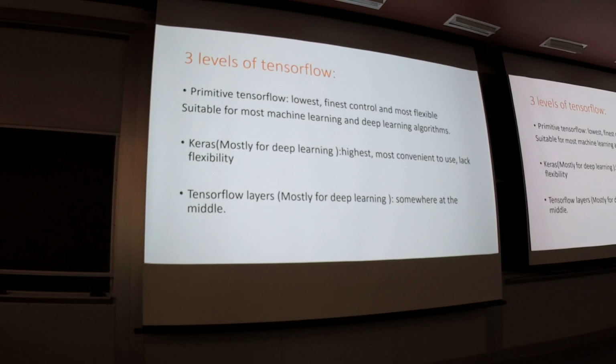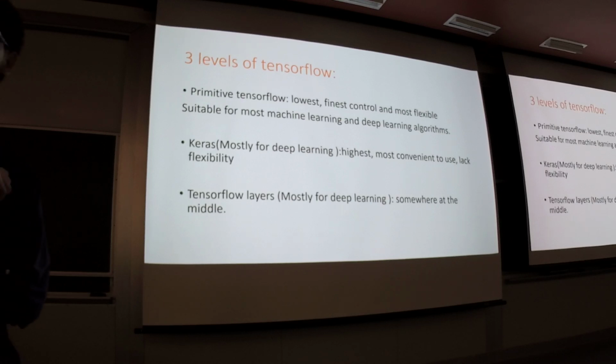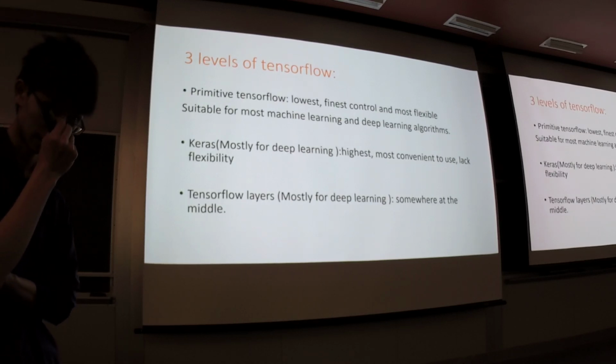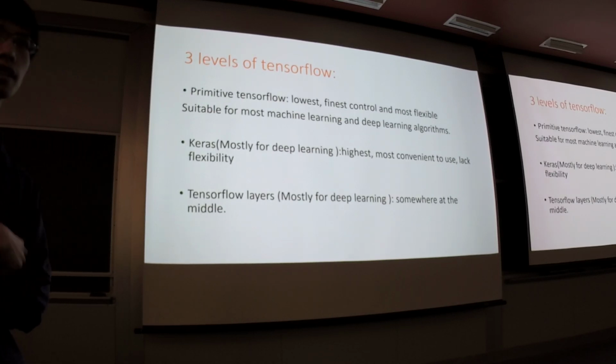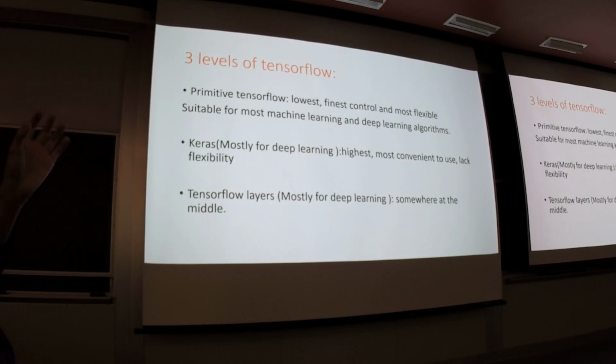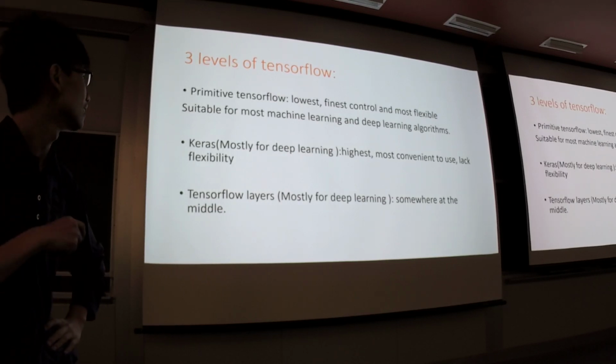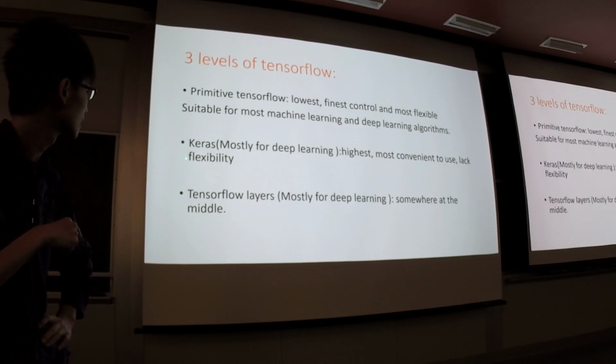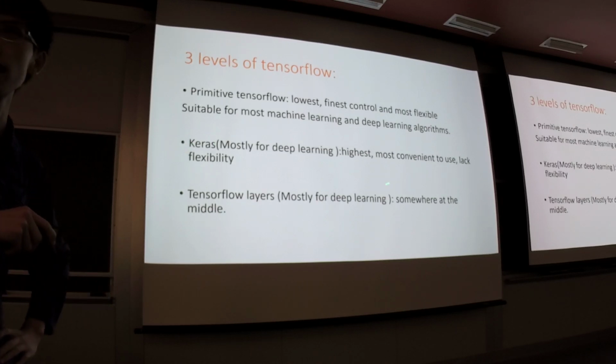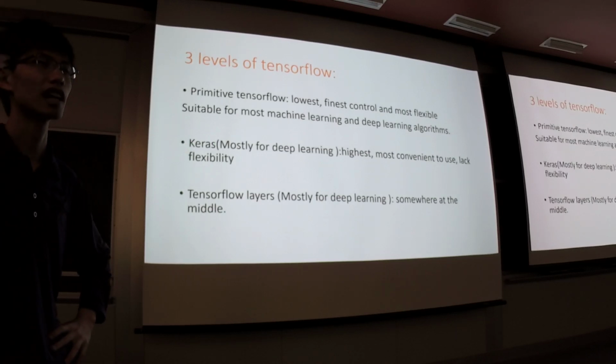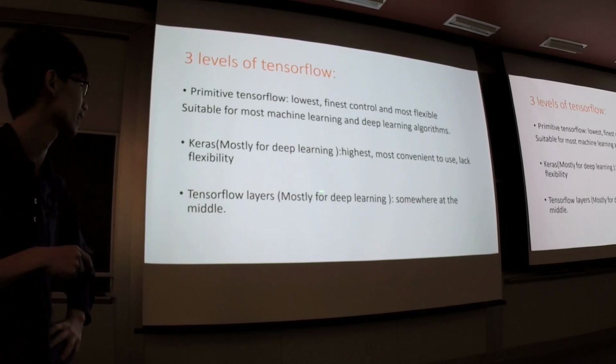And as we introduced, TensorFlow has 3 levels. At the very low level, there's the primitive TensorFlow, just like you are building your own vehicle from the smallest, tiny parts. But there's another library like Keras. It's a very high-level TensorFlow. It's like you're building a car.